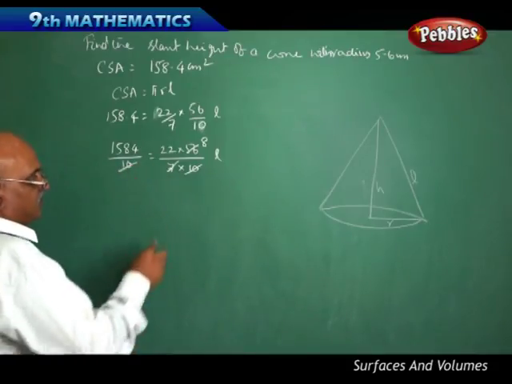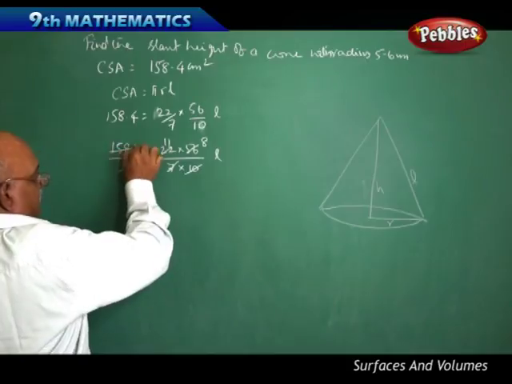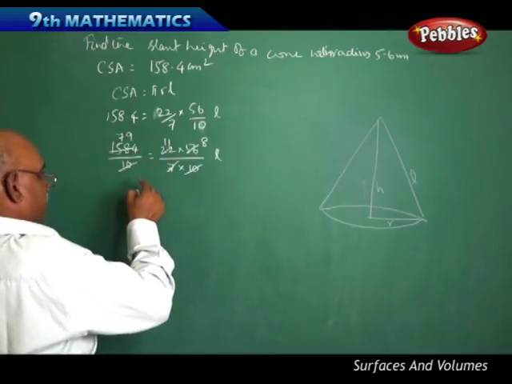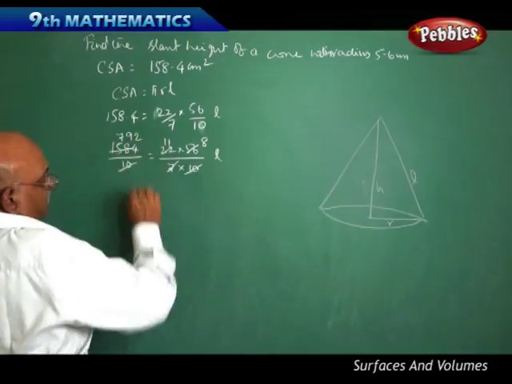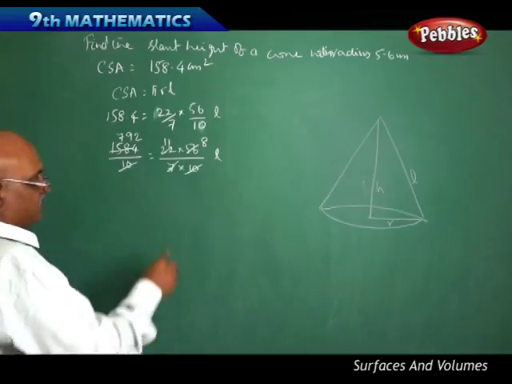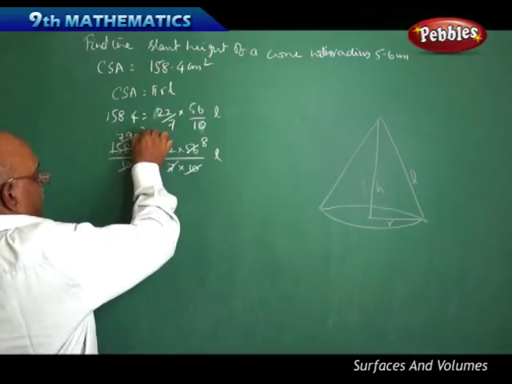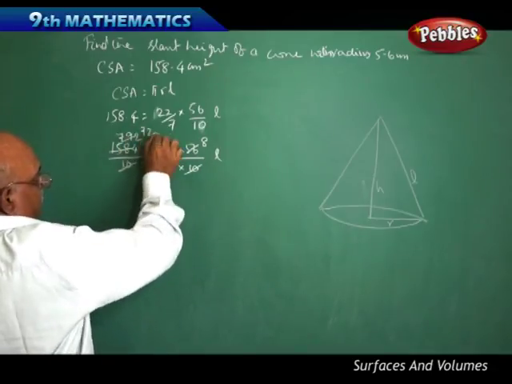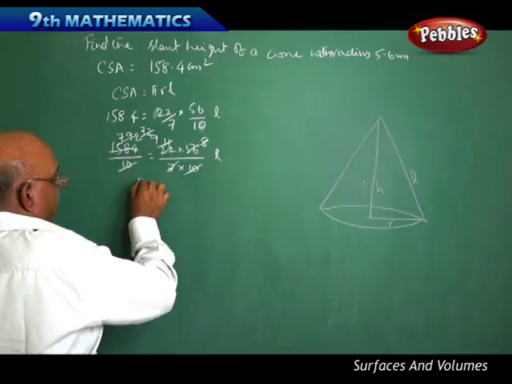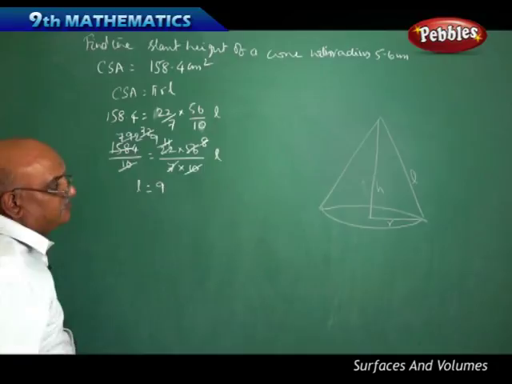Here you can cancel with the 2 11s of 22, 2 7s of 14, 2 9s of 18, therefore L is equal to 9, we got it.